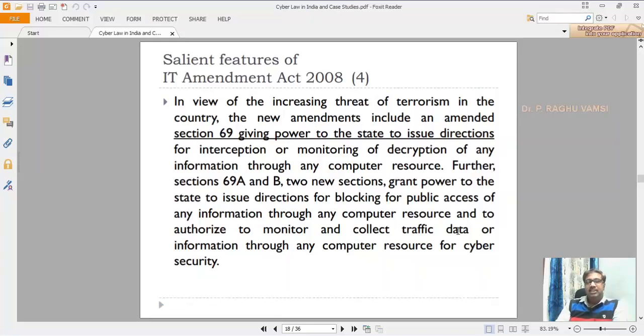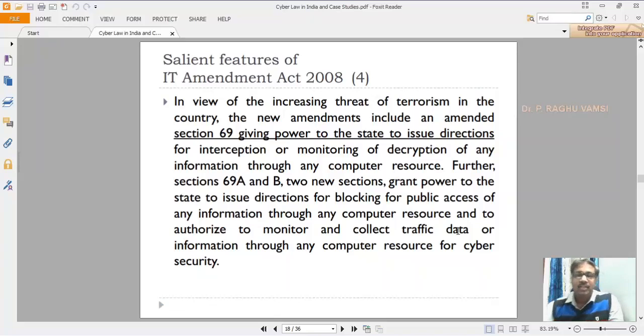Further, Sections 69A and 69B, two new sections, grant power to the state to issue directions for blocking public access to any information through any computer resource, and to authorize monitoring and collecting traffic data or information through any computer resource for cybersecurity.